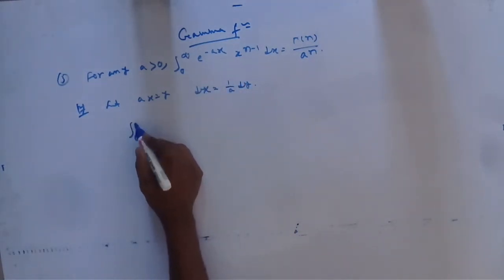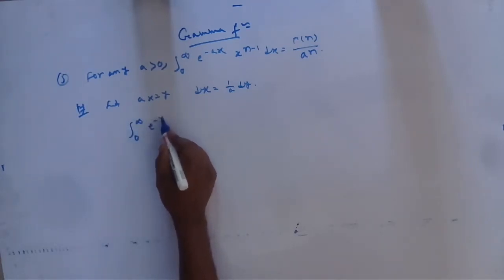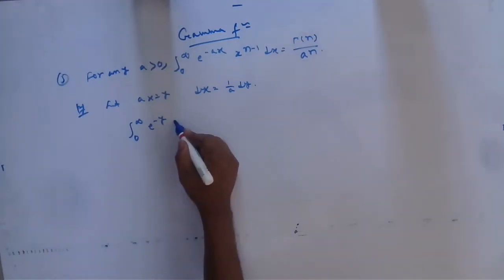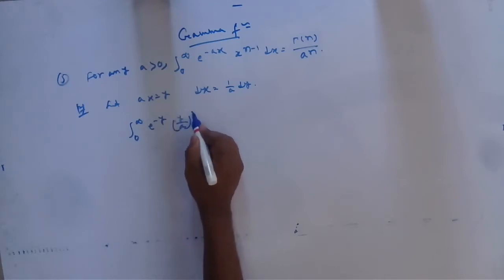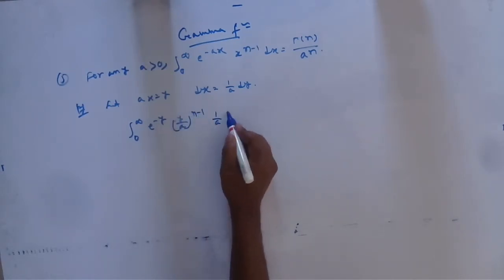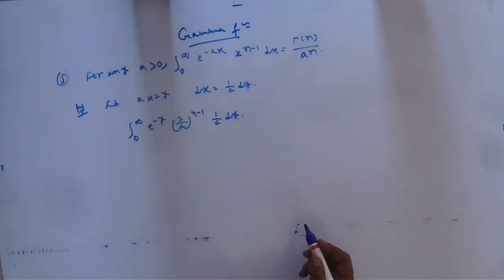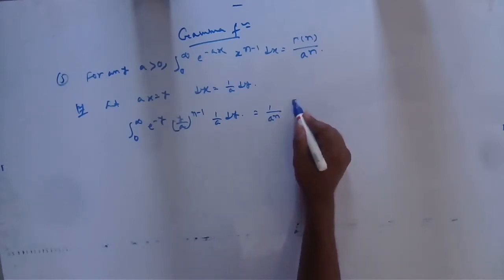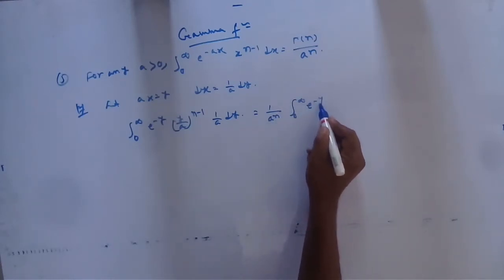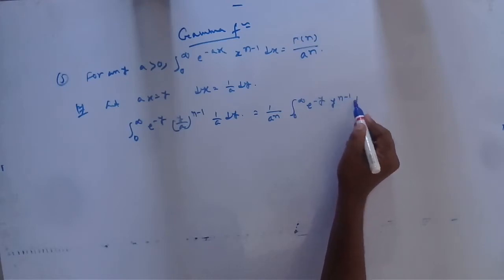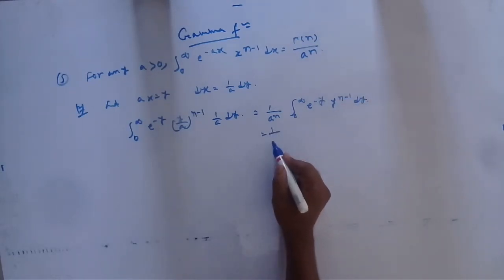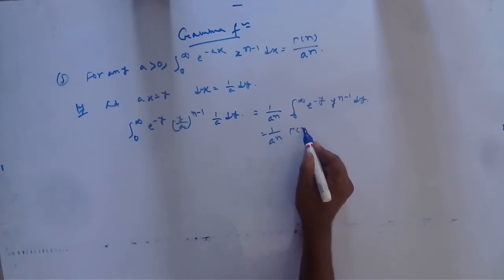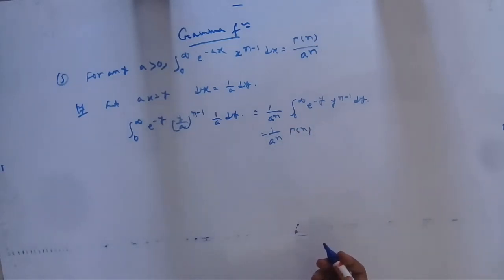It will be the integral from 0 to infinity of e to the power minus y, x means y by a, whole to the power n minus 1, and dx will be 1 by a dy. So it will be 1 by a to the power n, integral from 0 to infinity of e to the power minus y, y to the power n minus 1 dy. So it will be 1 by a to the power n gamma of n. So hence our proof.